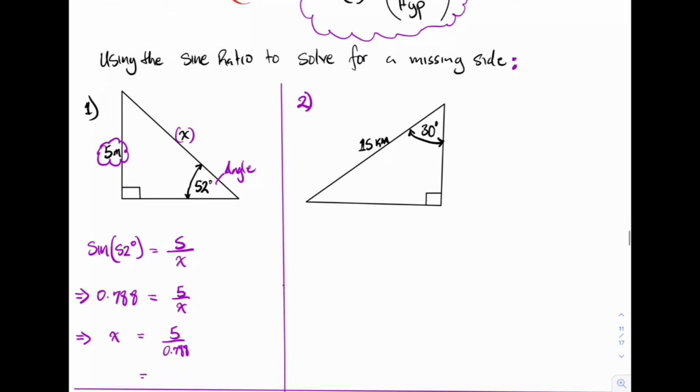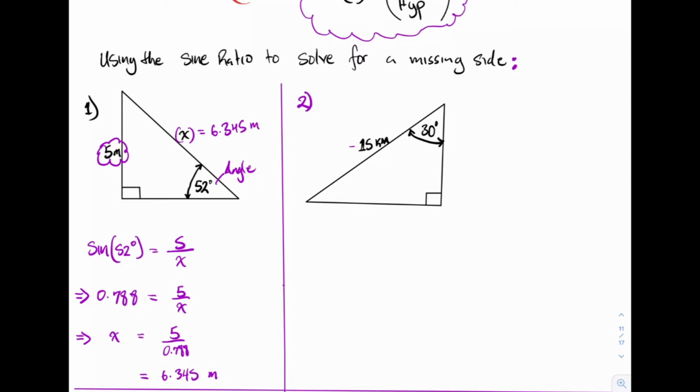Plugging this in on my calculator, I end up with 6.345 as my answer. So here my units is meters, and so the answer must be in meters as well. So thus the value of our hypotenuse here is given by 6.345 meters.